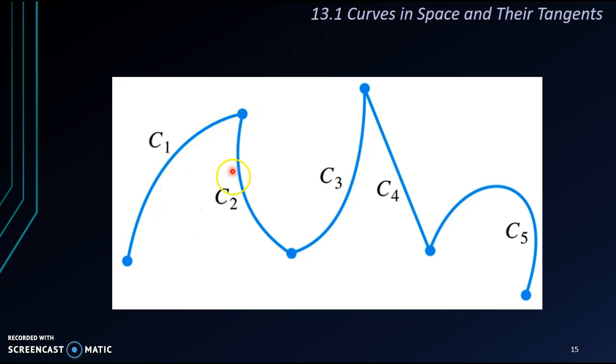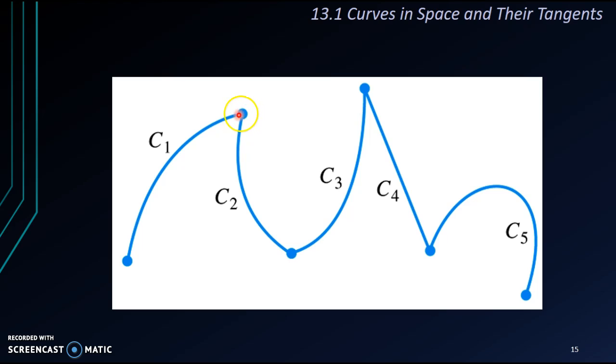Graphically, how do we know it is differentiable? You just need to identify whether there is any sharp corner. From the curve, we can see a combination of five curves. These curves C1, C2, C3, C4, and C5 are all differentiable; they are all smooth.